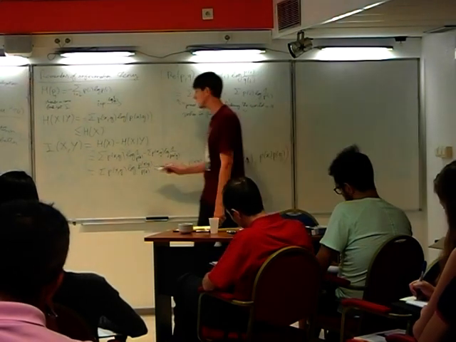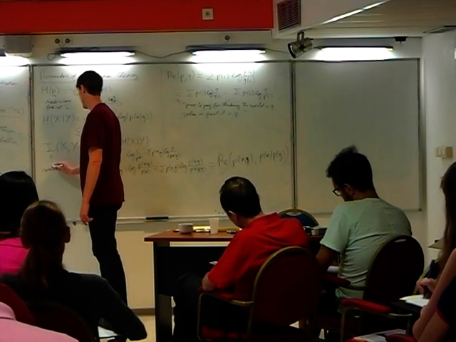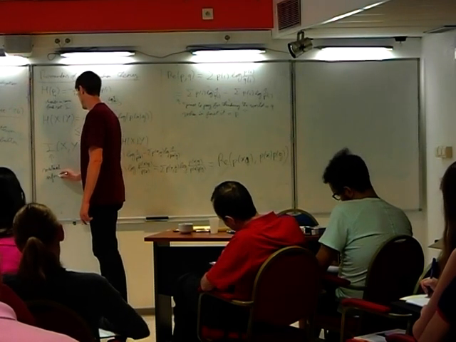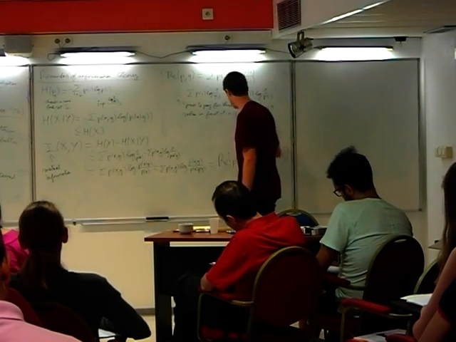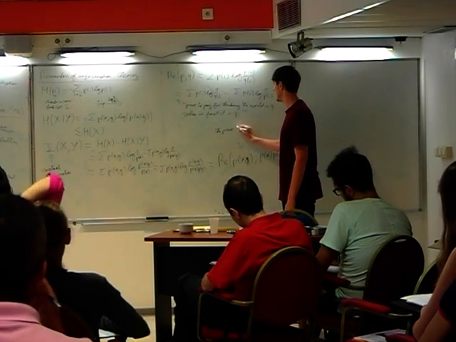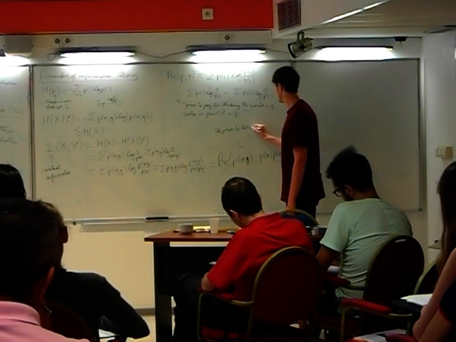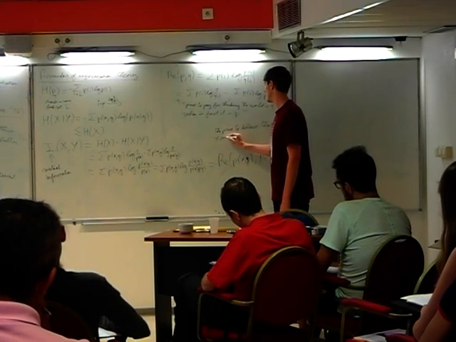So again, this was the mutual information. It's a drop in entropy, but you can also see it now as the price to believe that x and y are independent.